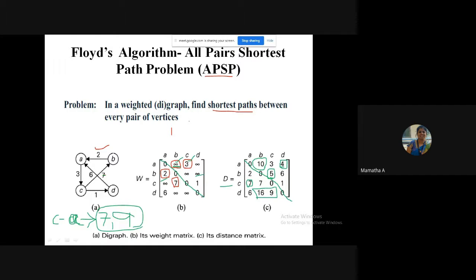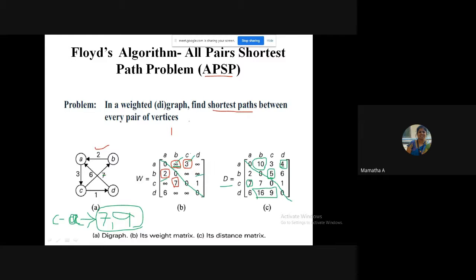Between every pair of vertices, meaning A to B, A to C, A to D, but not A to A. Are you understanding now? So how to construct the cost adjacency matrix? What Floyd's algorithm does is compute the shortest path between every pair of vertices, but not the same pair. No self loops. But in Warshall's, we used to compute the paths between the self loops also, but not in Floyd's.